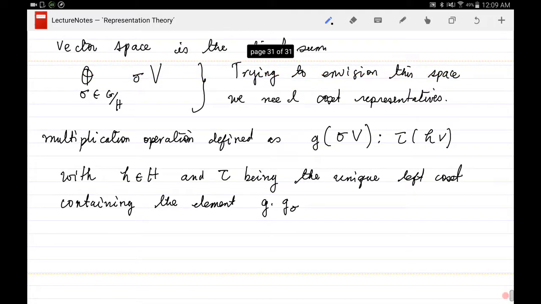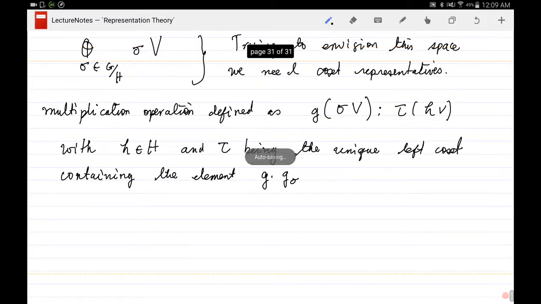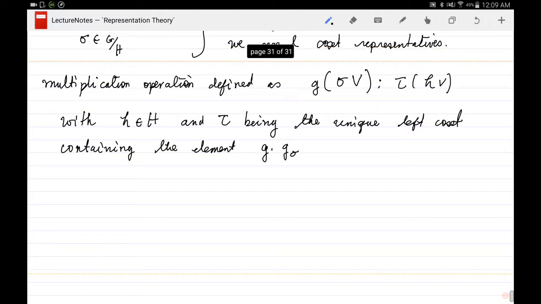So g sigma is a coset representative in sigma.